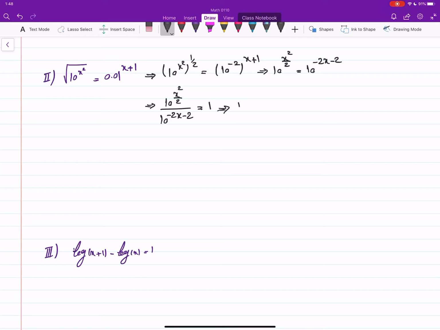and that is 10 to the power x squared over 2 minus negative 2x minus 2 equals 1. Basically, let me just write this again to make it clear what we have. We have one exponential term on one side, the other side is a constant. Take log of the same base of both sides.